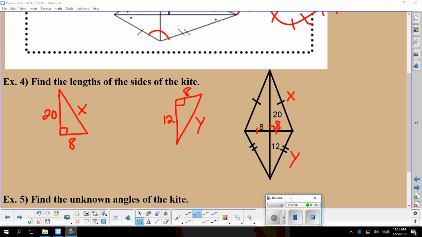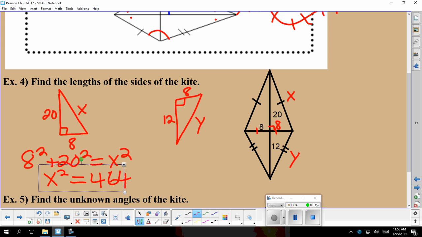All right. So this one, we're going to set this up. 8 squared plus 20 squared equals x squared. So I have x squared equals 464. And then I'm going to square root that. And I get 21.5 as that side.